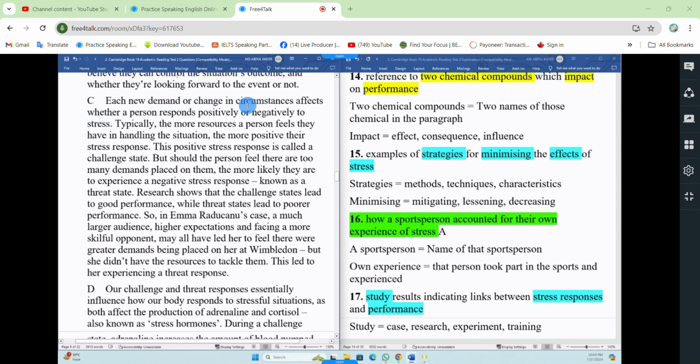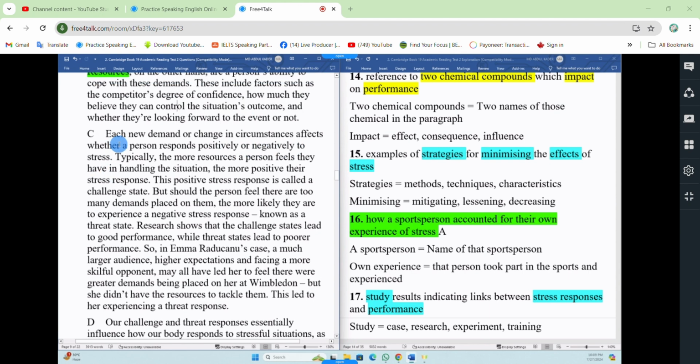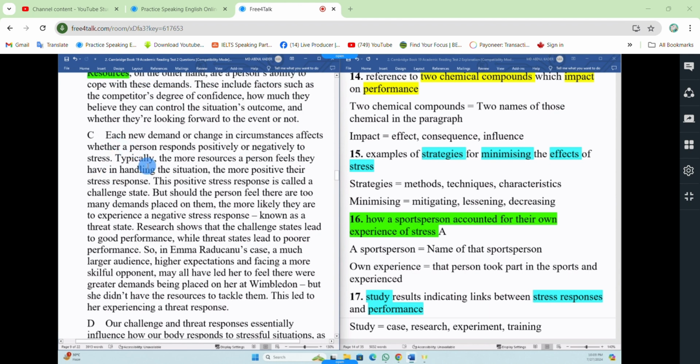Each new demand or change in circumstances affects whether a person responds positively or negatively to stress. Yes, maybe we are about to have some interesting idea. Let me check. Each new demand or change in circumstances affects whether a person responds positively or negatively to stress.